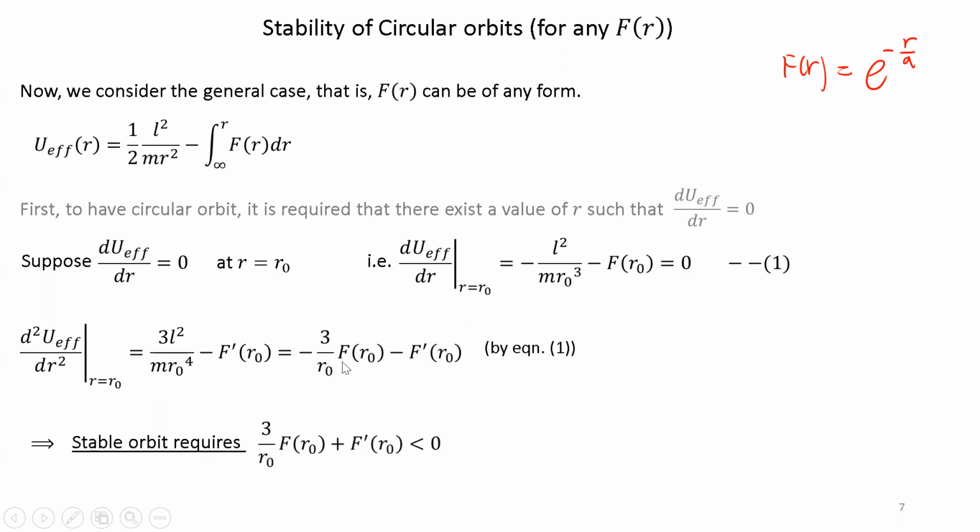I want the second order derivative to be greater than 0, so this whole thing has to be greater than 0. Taking the negative sign away, these two terms added together have to be smaller than 0 in order to have a stable circular orbit.